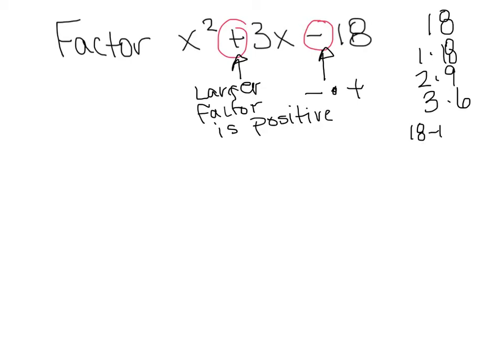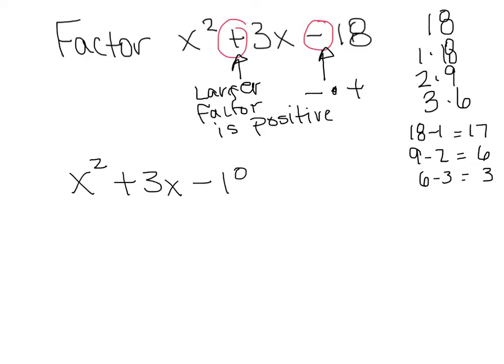18 minus 1, well, that's 17. 9 minus 2, that won't work because that's 7. But 6 minus 3 does work because that is a positive 3. Okay, so let's go back to our problem. X squared plus 3x minus 18.